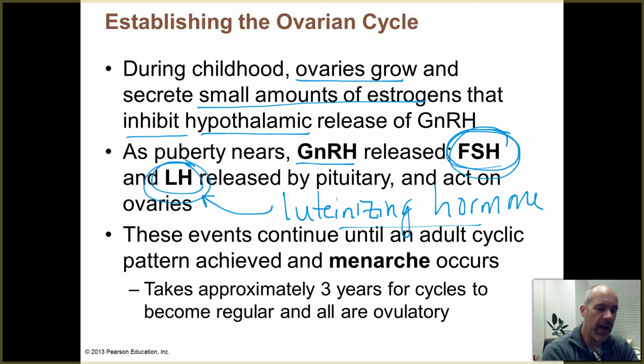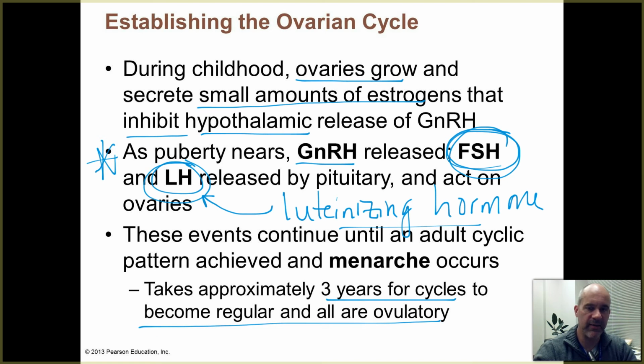Okay, when a female nears puberty, that's when the hypothalamus starts secreting GnRH. That leads to FSH and LH secretion, and these act on the ovaries. It takes about 3 years for regular ovarian cycles to develop, and all or almost all actually result in ovulation.